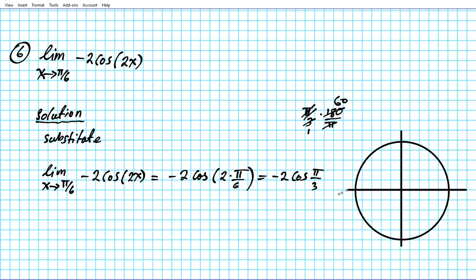So pi over 3 is equivalent to 60 degrees, which is in the first quadrant. In each quadrant of your unit circle you have 3 points: the 30-degree point, the 45, and the 60-degree point. Those are the reference angles. We are in quadrant 1, so we're looking at the 60-degree point.